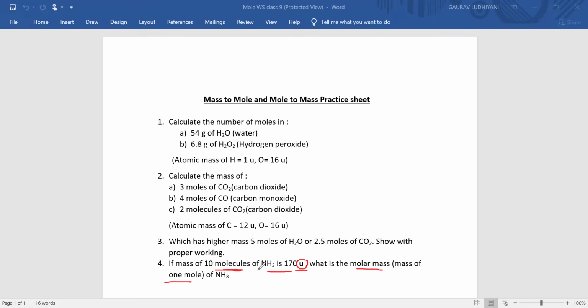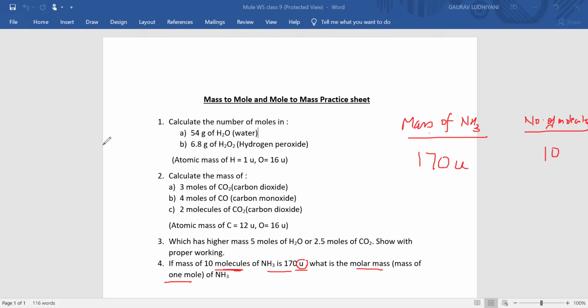Why? Because it is not needed here. They had given you the mass of NH3, 170 U, and the number of molecules, 10.